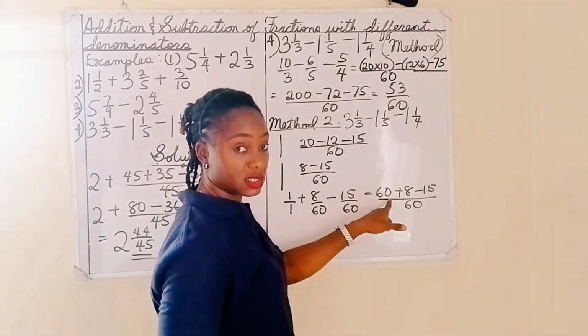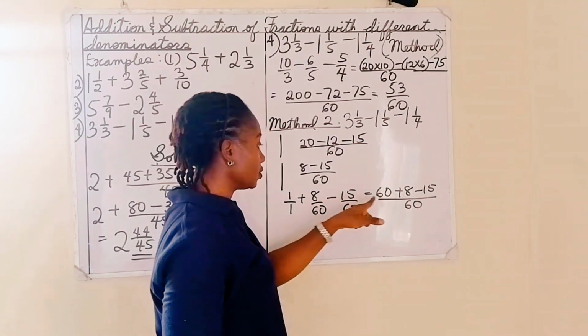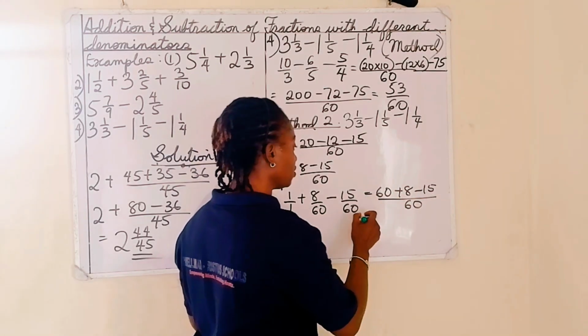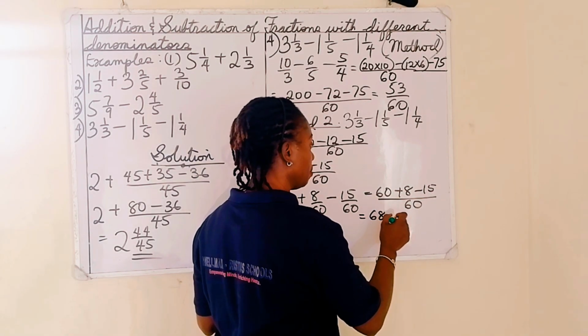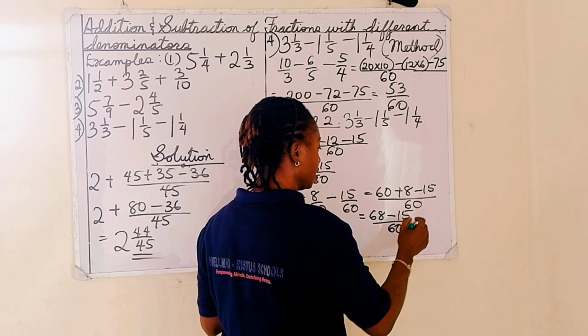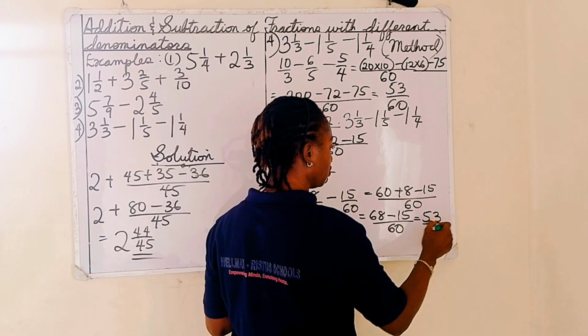Do you know why we have 60 here? Because 60 divided by 1 is 60. 60 times 1 is 60. Okay? Now 60 plus 8 gives us 68 minus 15 over 60. And our final answer is 53 over 60.